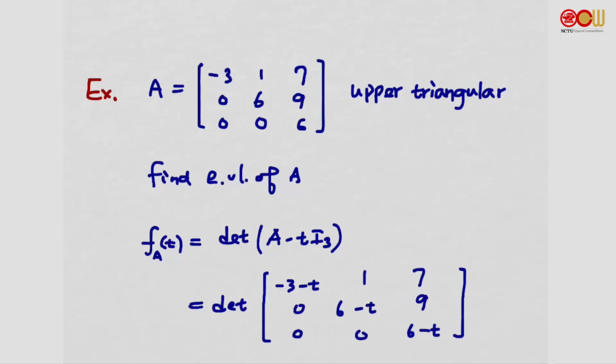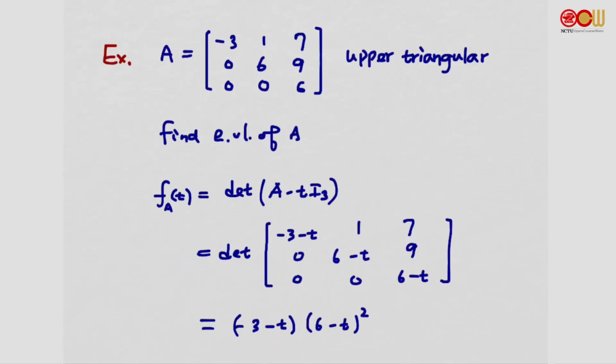But we know from before that if a matrix is upper triangular, taking the determinant is easy. It's simply the product of the diagonal elements. So that's what it is.